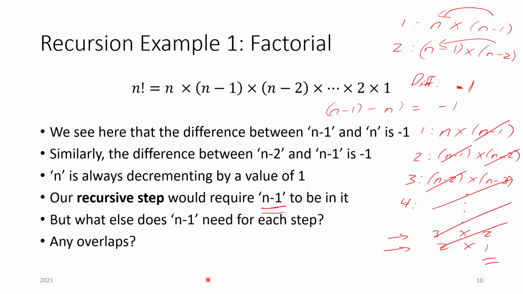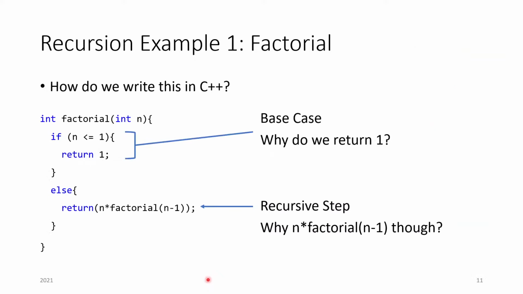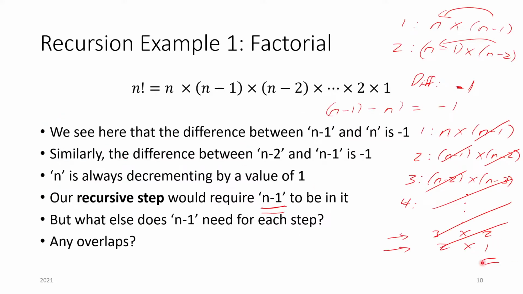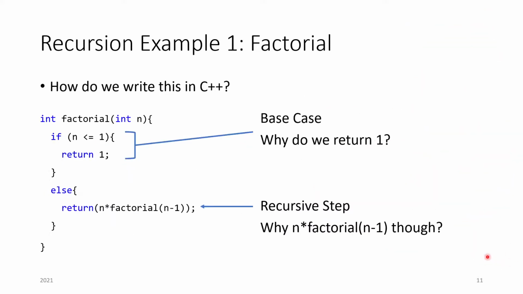So when you actually do write the code for a factorial here, our base case here is that we have 1 that we need to check for, because we're going from n minus 1, n minus 2, all the way down to 1. And because we had 1 here being our final value, we return 1 here to accommodate for this.